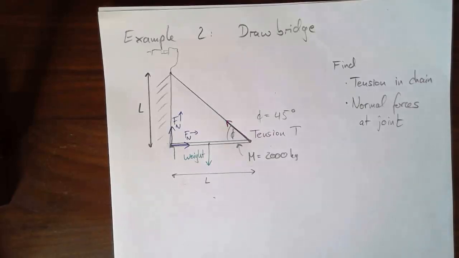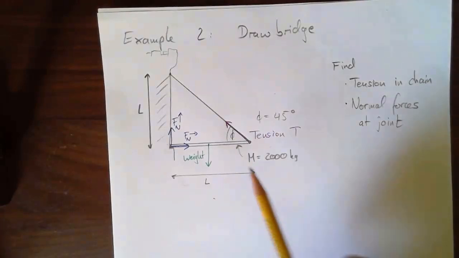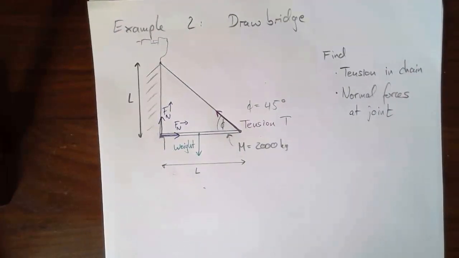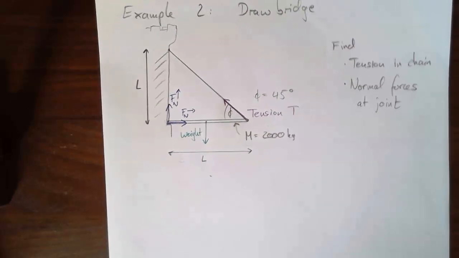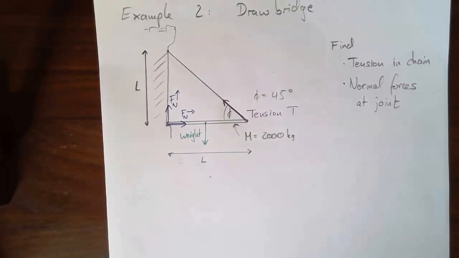Now that's three unknowns, right? Do we have enough information for that? Well, let's see what information we can use. This situation is static equilibrium. Nothing is moving, so the net force is 0 and the torque around any point is 0.